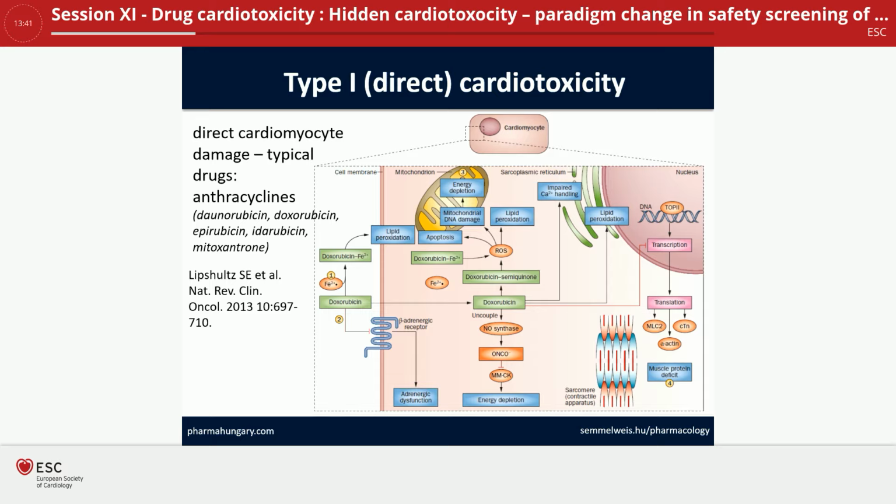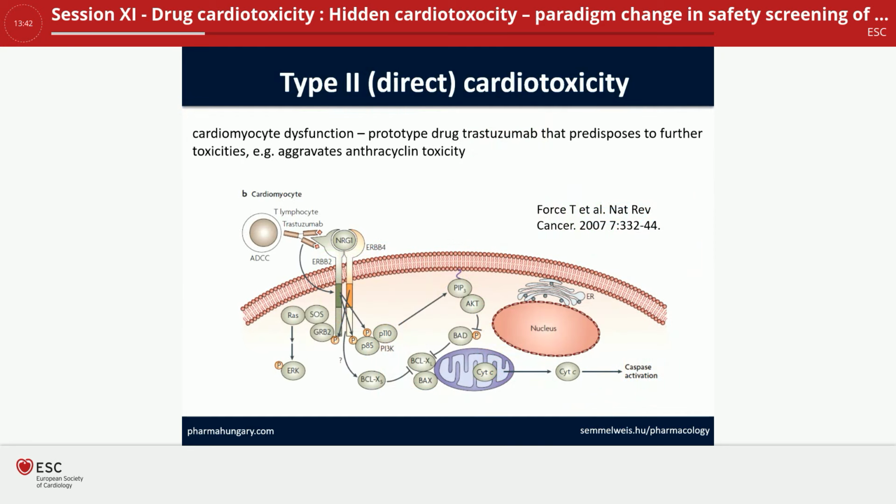Doxorubicin somehow, both extracellularly and intracellularly, produces ROS and lipid peroxidation, and also mitochondrial damage and uncoupling of NO synthase. They cause nitrosative stress and so on, but the mechanism is still not really known. That's why a LEDUC grant is now ongoing to explore the mechanism of cardiotoxicity, led by Emilio Hirsch from Torino.